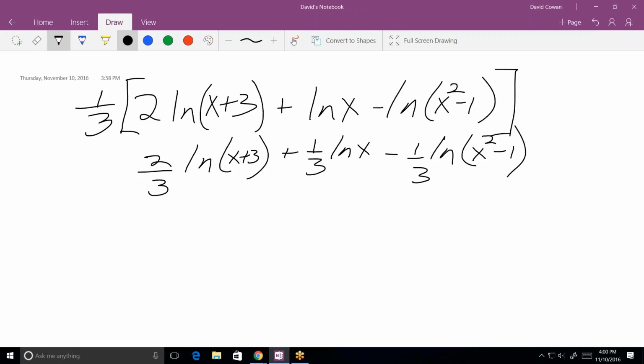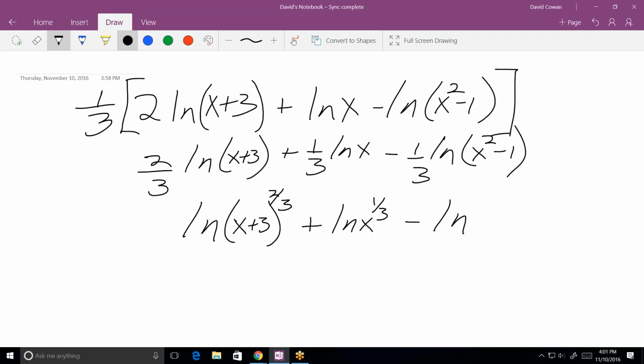Now let's move the coefficient that's in front of natural log to an exponent, basically going in reverse. So x plus 3 to the 2/3 plus natural log of x to the 1/3 minus natural log of x squared minus 1 to the 1/3.